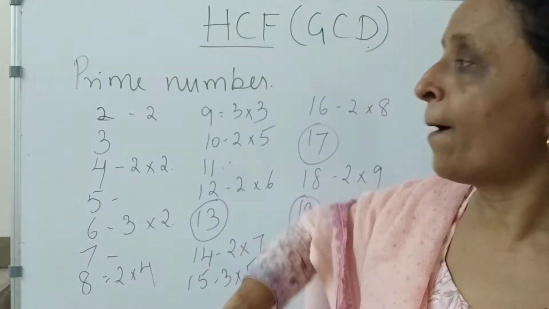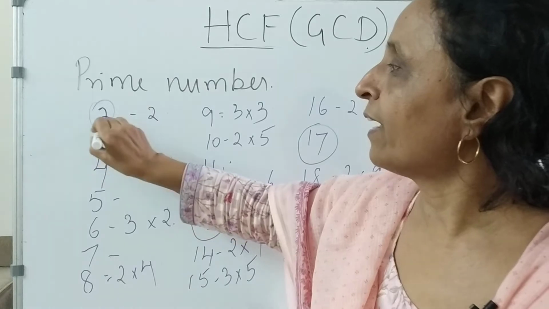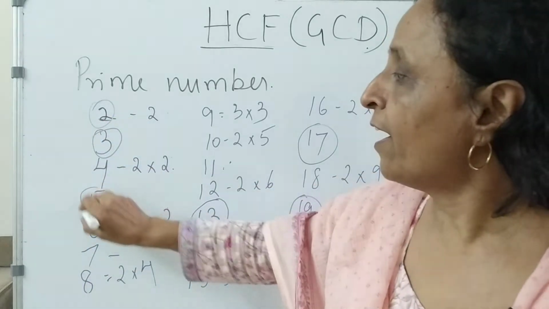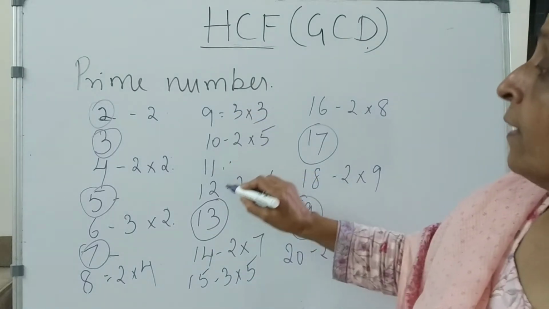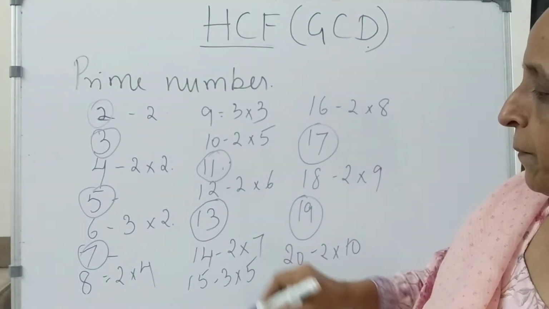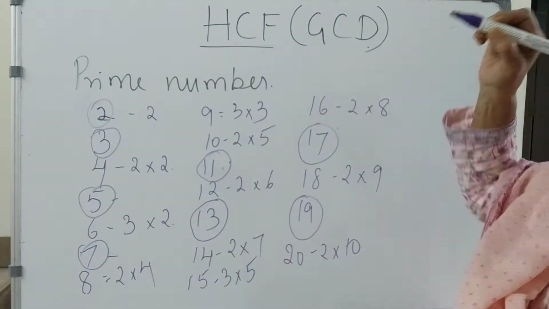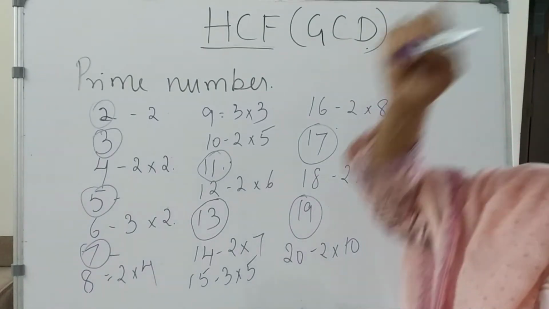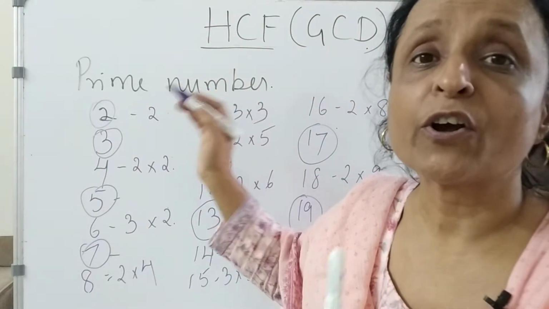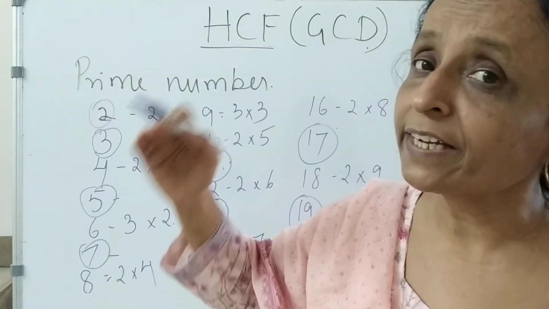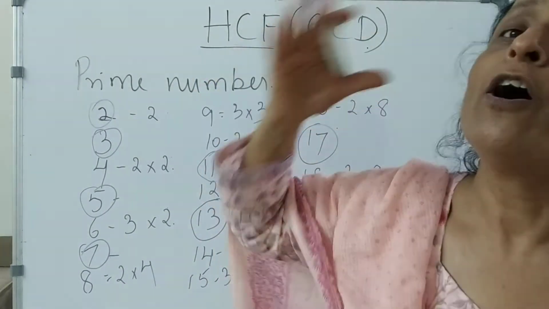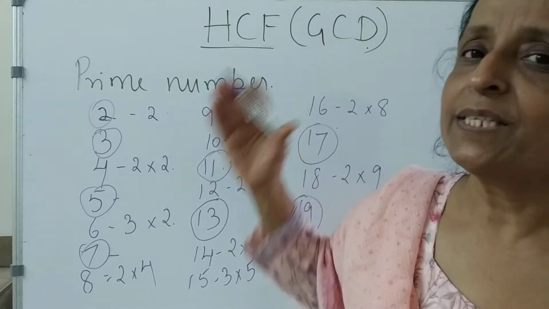So 2 is a prime number. 3 is a prime number. 5 is a prime number. 7 is a prime number. 11 is a prime number. 17 is a prime number. 19 is a prime number. The rest are composite numbers. As the numbers go on increasing, you will have composite as well as prime numbers.